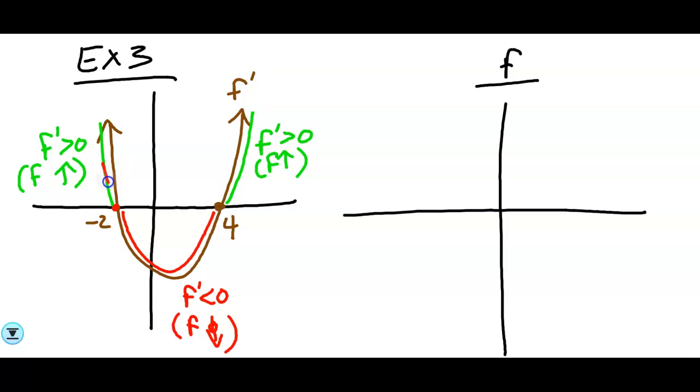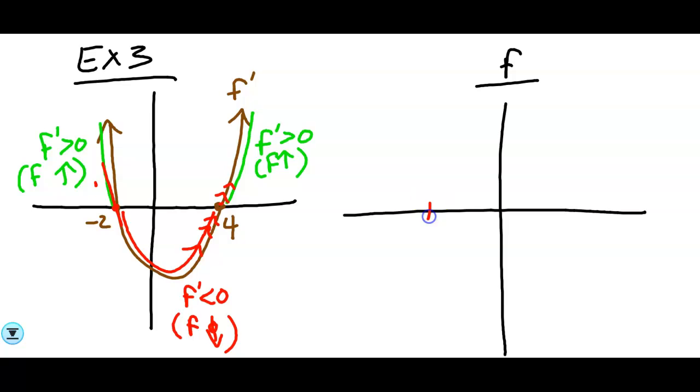So we're going from a positive slope to a negative slope, right? The green is above and below. So f is increasing, and then it's decreasing. That's a max. Okay? This one would be a minimum because moving left to right, we have a negative slope, and then passing that point, we have a positive slope.